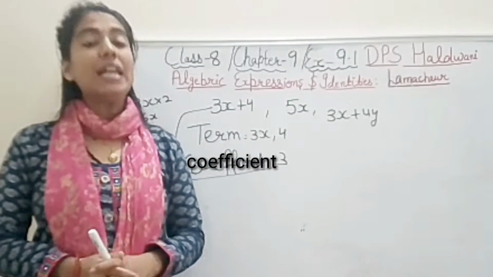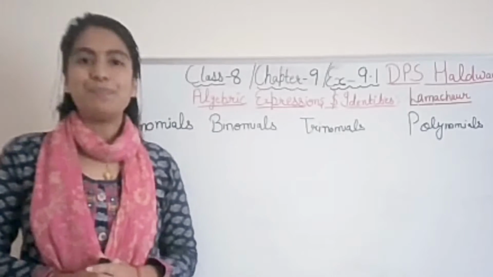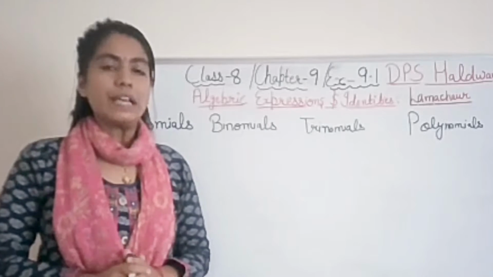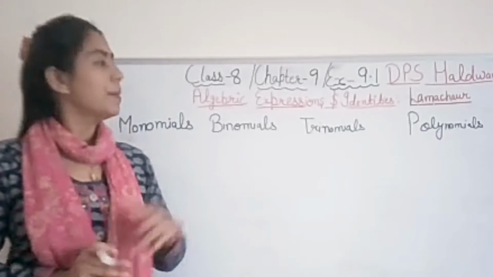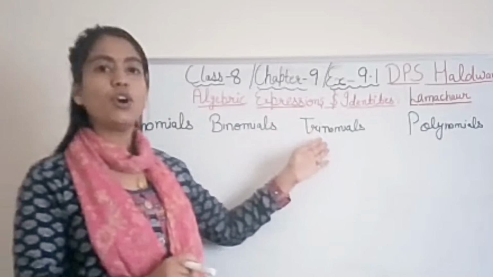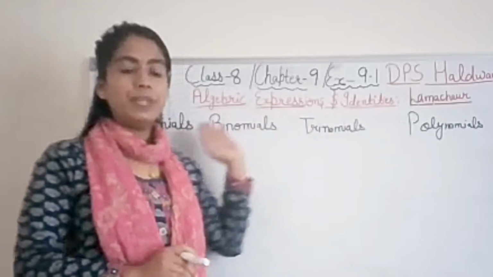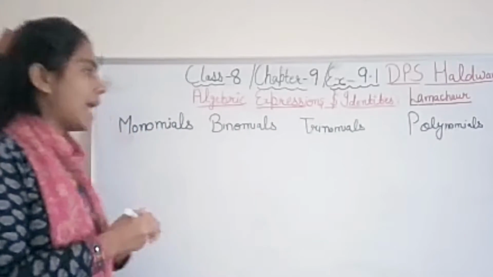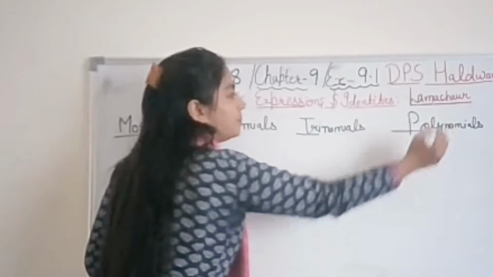Now coming to our next important topic for this exercise. In this exercise we have the question of which expressions are monomials, binomials, trinomials, and polynomials. Students, what are these? As the name suggests: mono, bi, tri and poly.